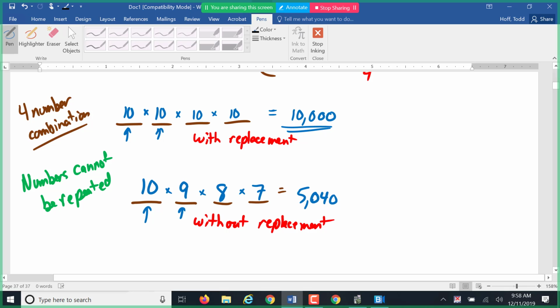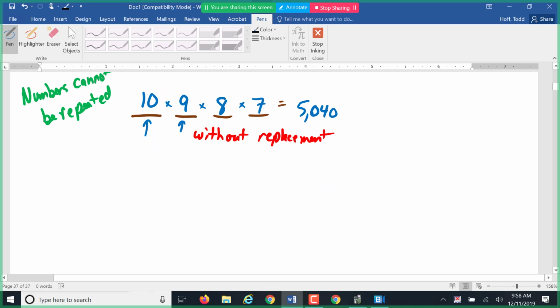In fact, you can see here, this was just 10 to the power of 4, 10 to the power of the number of digits we needed to choose. We're going to focus more now on this without replacement, where it cannot be repeated.